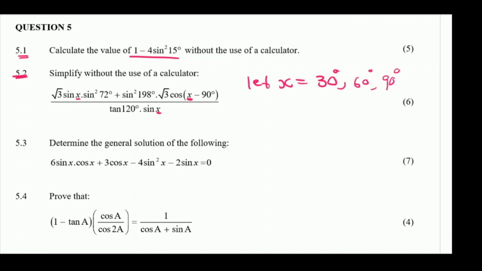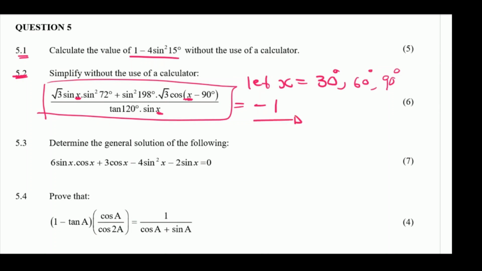Just use any angle, substitute it where there's x, and punch the whole problem inside your calculator. The answer that you're supposed to get is -1, right? So as you solve, you know very well that the answer you need to get at the end is -1, right?